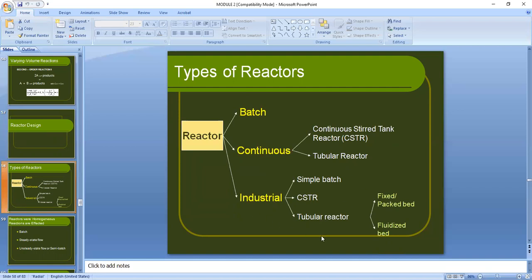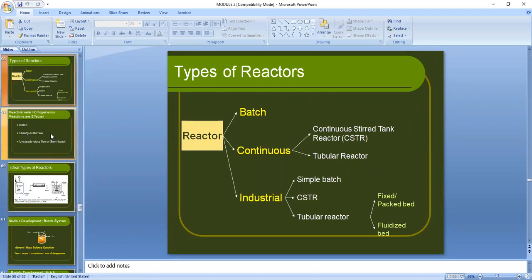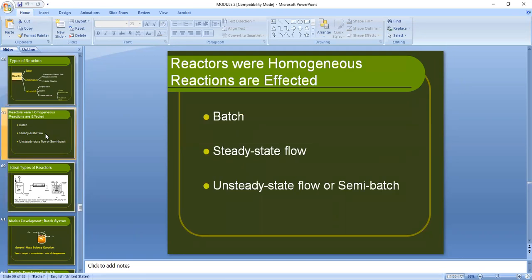Okay, now I think if you have your actual review later after graduation, probably this will be covered. But as per experience, even during my time, it's not covered as well. So it's only any combination of these continuous reactors that's being discussed. Now, reactors where homogeneous reactions are effected can be any of these.